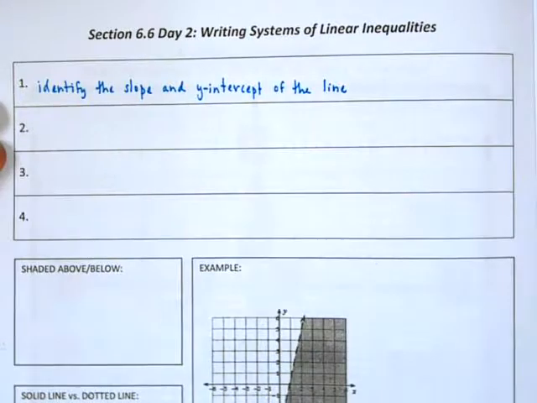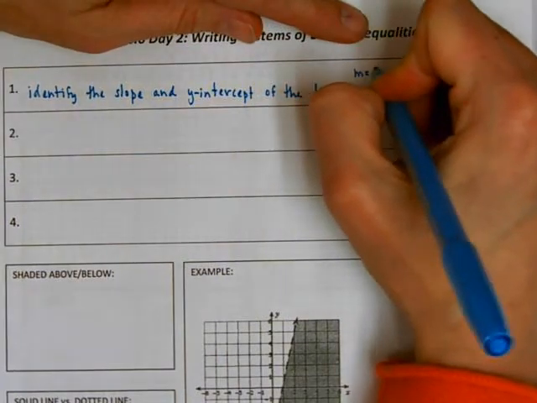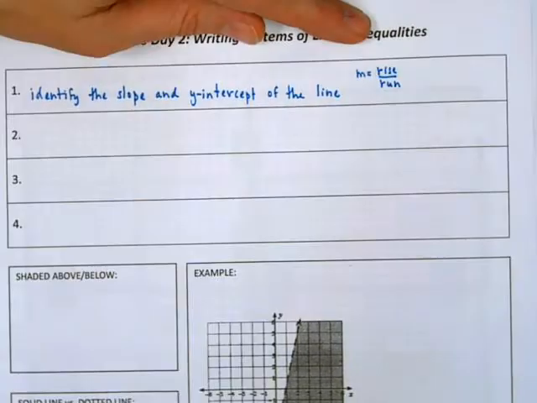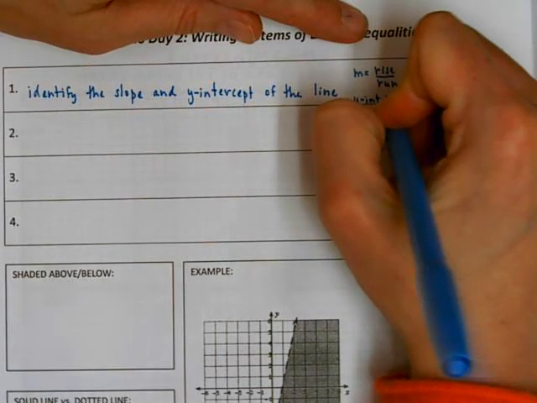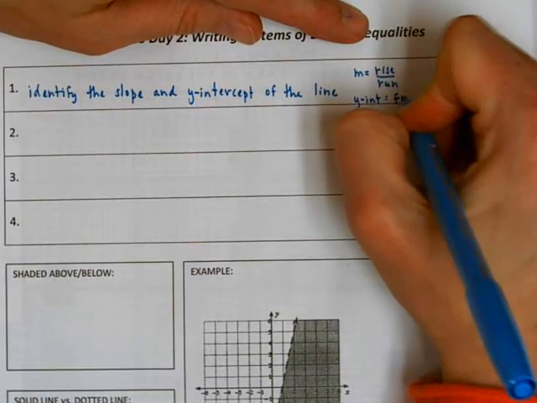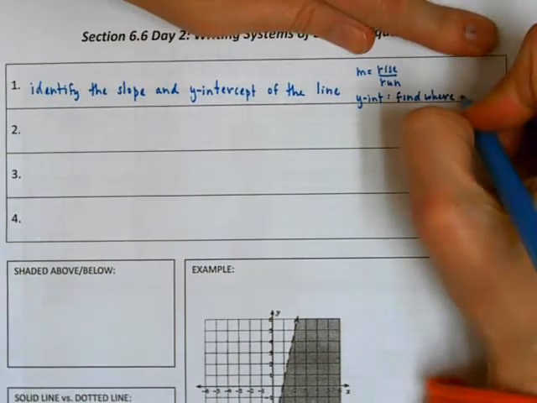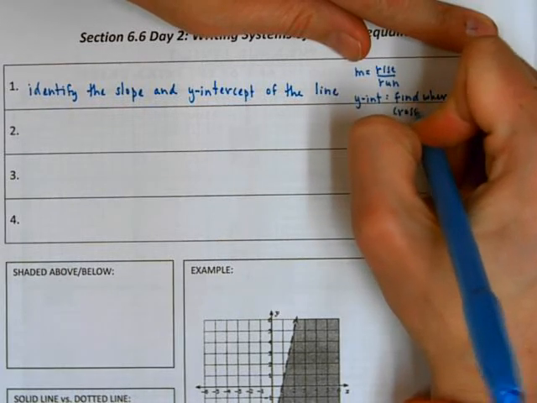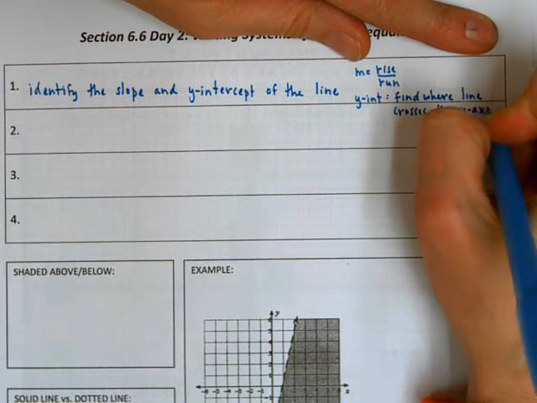And so remember, for the slope, since we're looking at a graph, we're going to use rise over run. And for the y-intercept, we're going to find where the line crosses the y-axis.